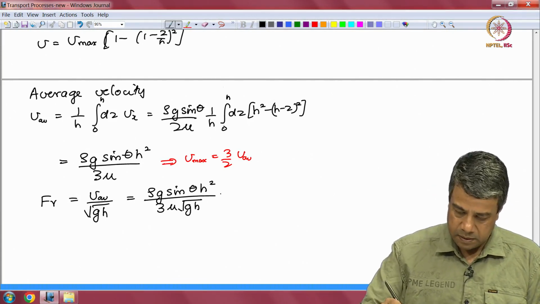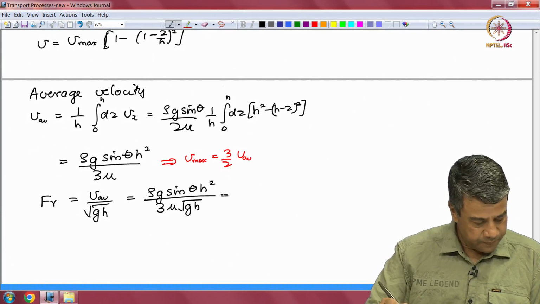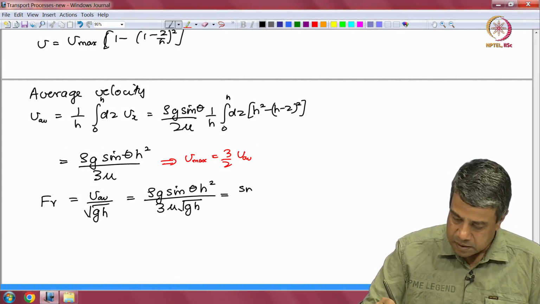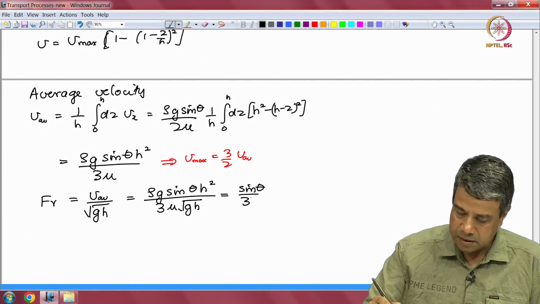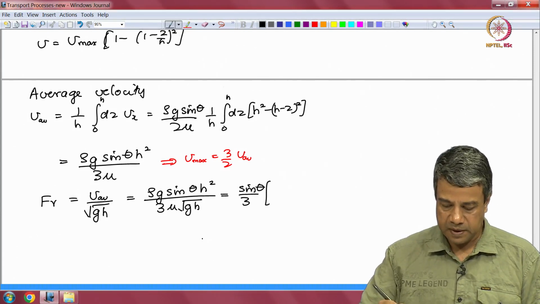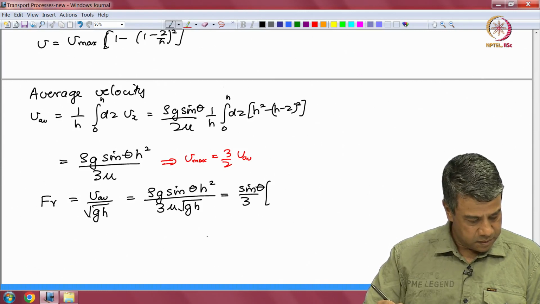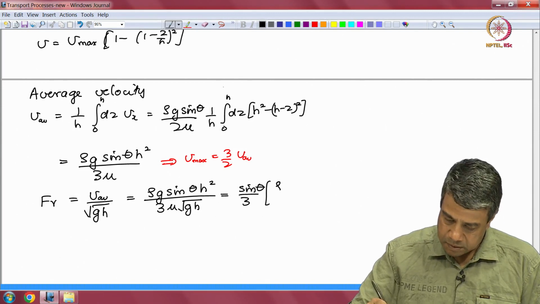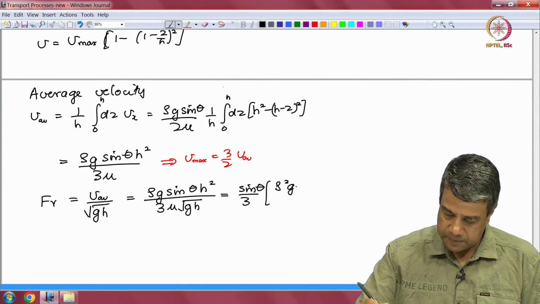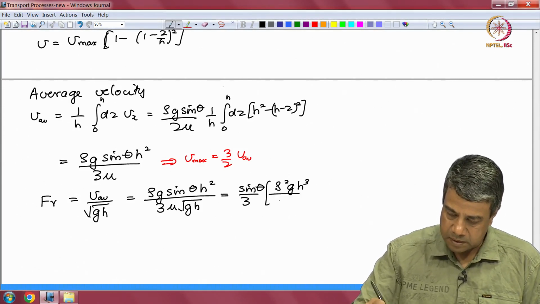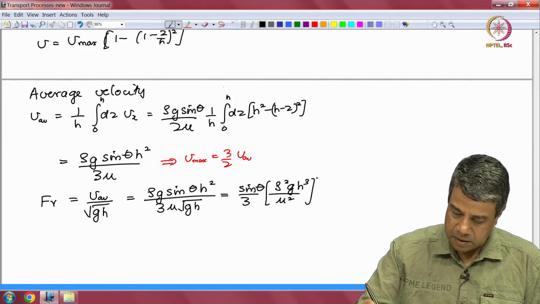Okay. So, this is equal to sin theta by 3, I am just rewriting it in a familiar form. Okay. Rho square g h cubed by mu square whole power half.